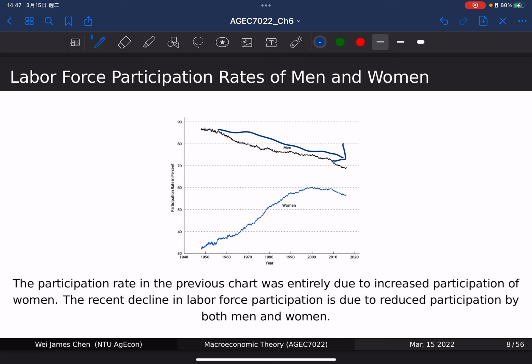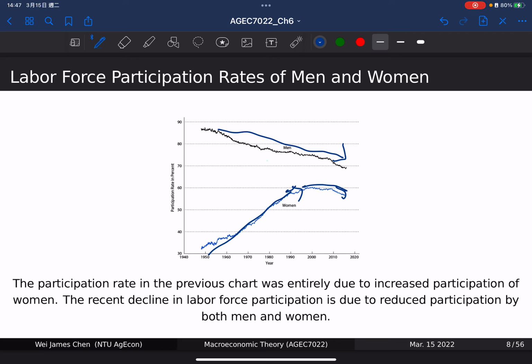And the women's rate is rising until around 2000 and then gently decreases or stays around the same. So you can see that in the past, from 1950 to 2000, those 50 years when the labor force participation rate grew very quickly, it was due to women.